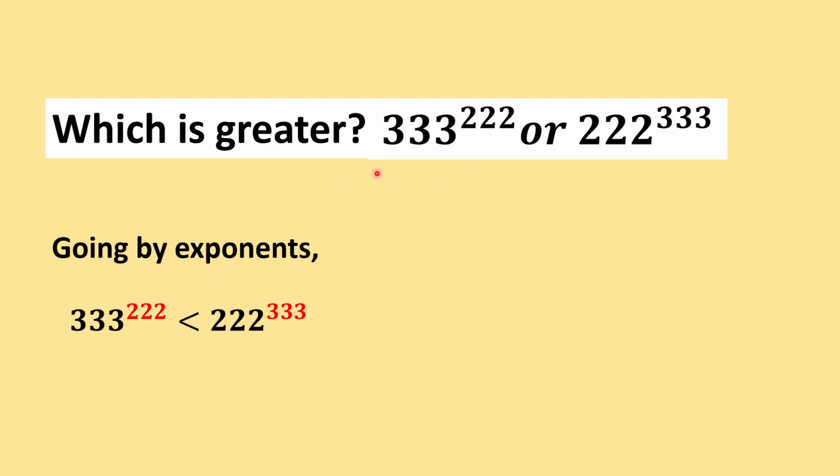So, it may be any other base. So, when the exponent is smaller, the value should be smaller, and when the exponent is bigger, the value should be bigger. So, even without calculation, we could have said which is smaller, the one with the smaller exponent, which is bigger, the one with the greater exponent.